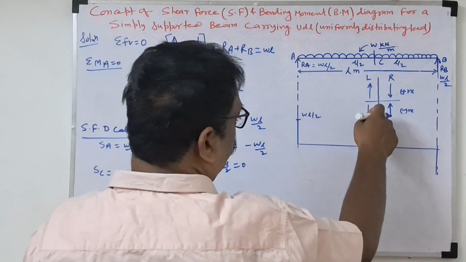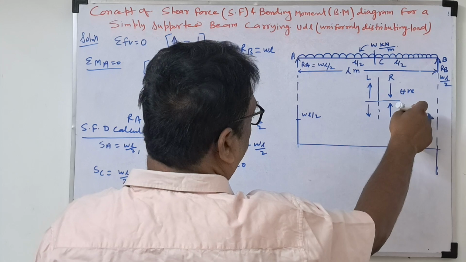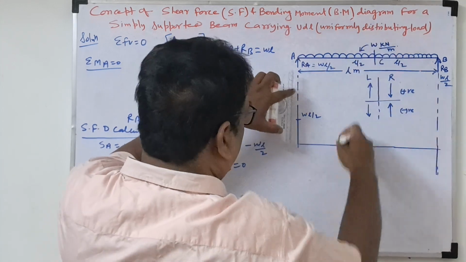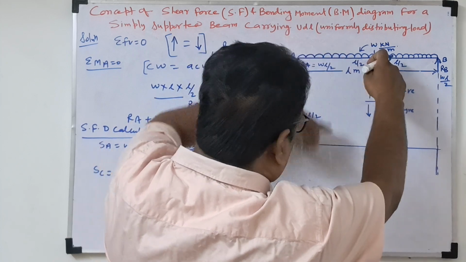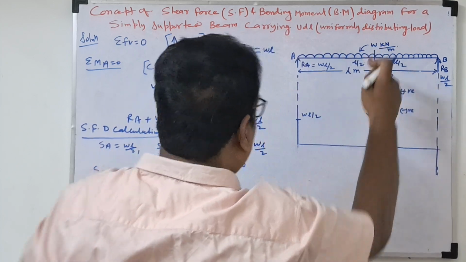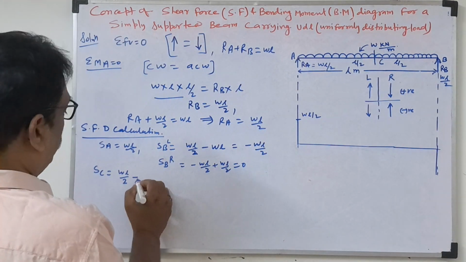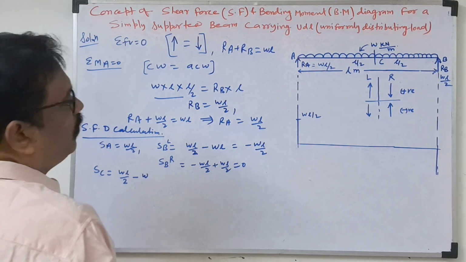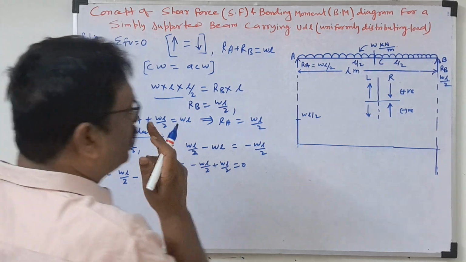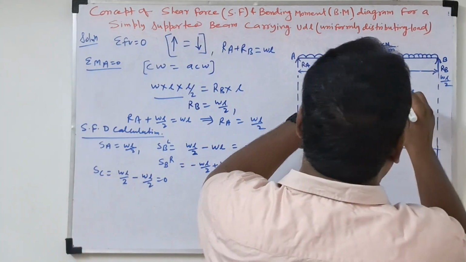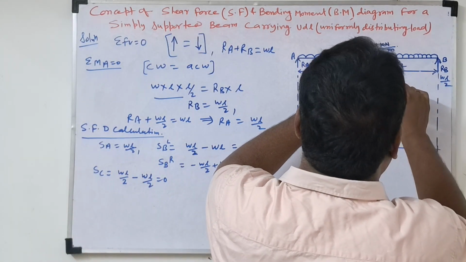Then downward force is negative. Taking C, RA is upward force. Now the UDL downward, how will we make the load? W into L by 2. So the shear force at point C will be 0.